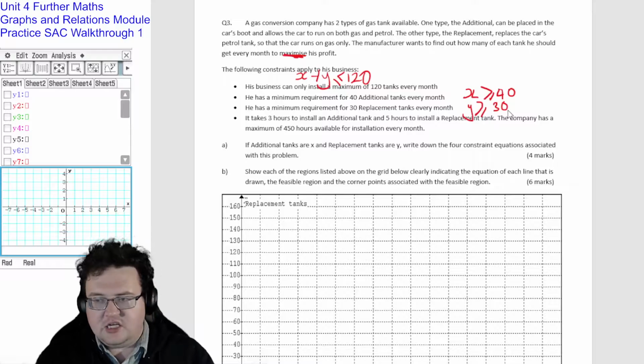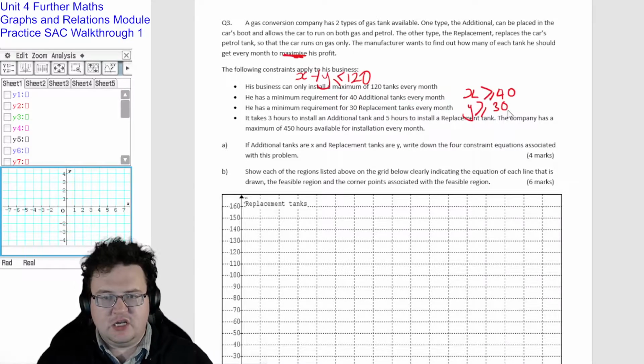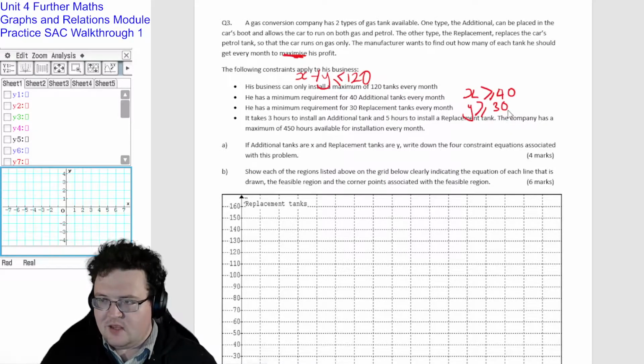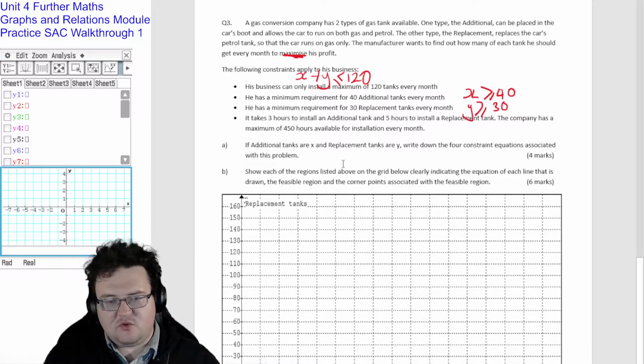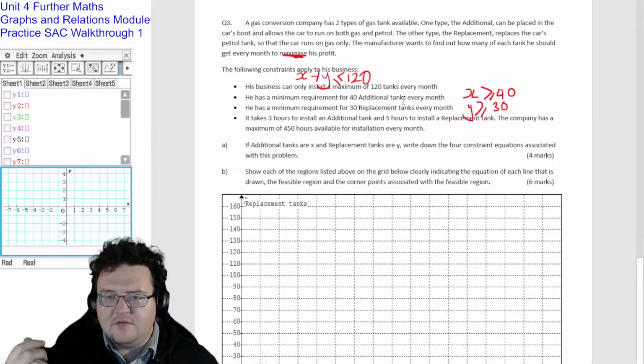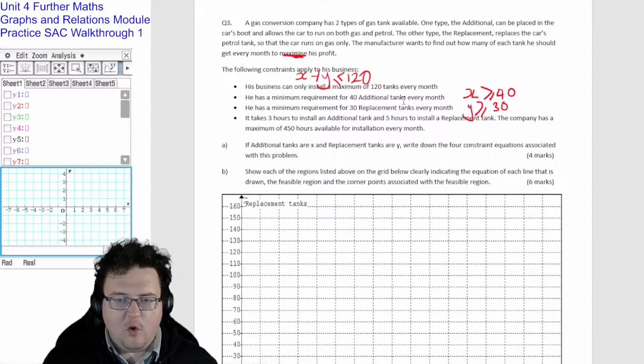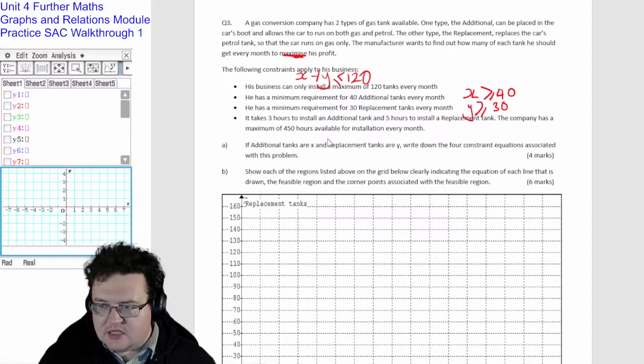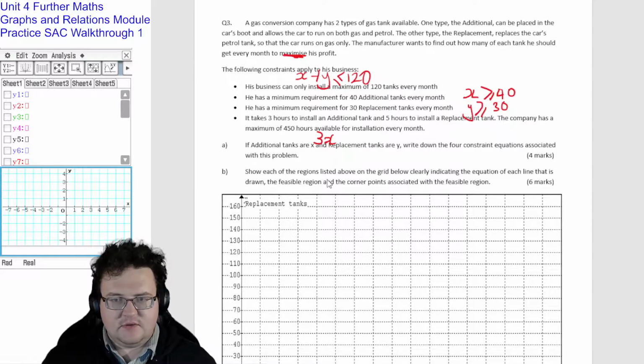Now, the other equation that we've got here is a different type of equation, but it still influences the numbers of each that he can make. The question says it takes 3 hours to install an additional and 5 hours to install a replacement. Makes sense. You've got to take the odd one out first. The company has a maximum of 450 hours available for installation every month. So every X costs 3 hours, so we'll say 3X.